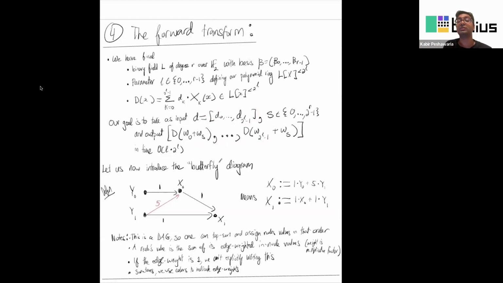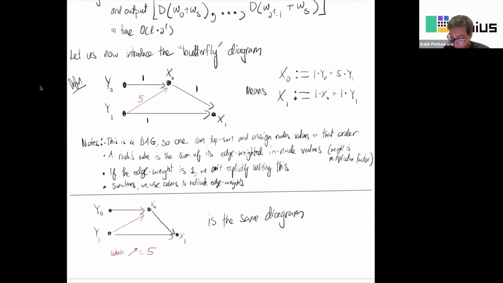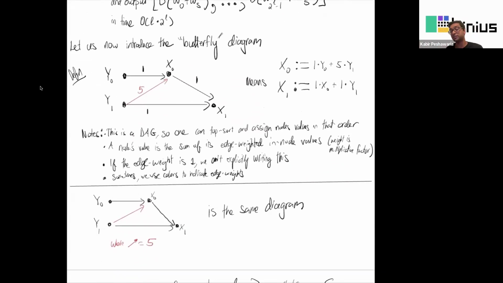We now introduce the butterfly diagram. So let's look at this butterfly diagram. Rather than giving a robust definition, I think it's easier to just work with a specific example. Here we have as inputs y0 and y1, and we're going to set x0 to be y0, this node's value, times 1, the edge's value, plus y1, node's value, times the edge's value, 5.